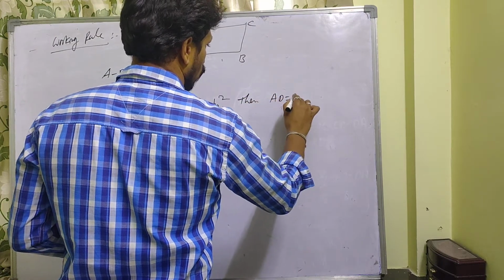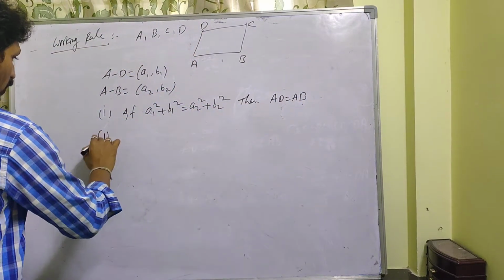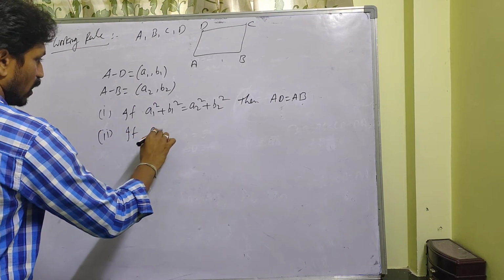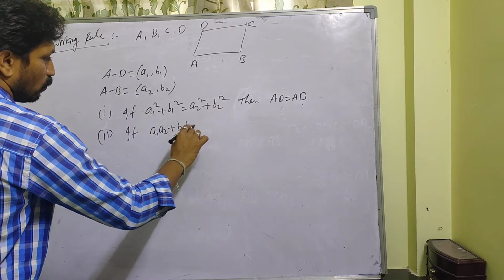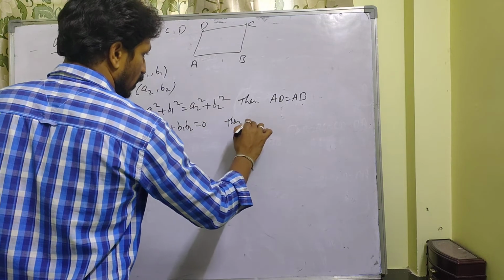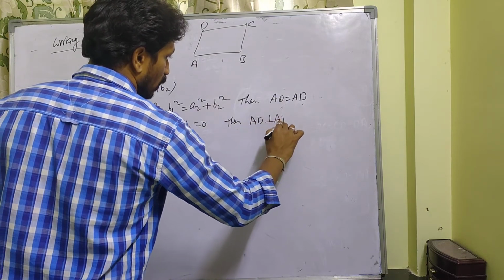Second one: if A1 A2 plus B1 B2 is equal to 0, then AD is perpendicular to AB. Just remember.